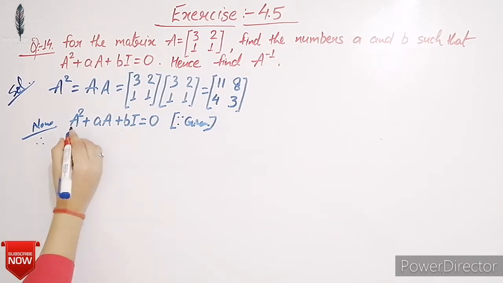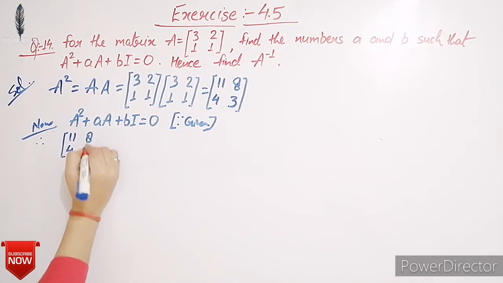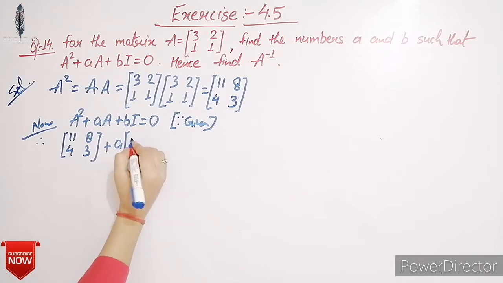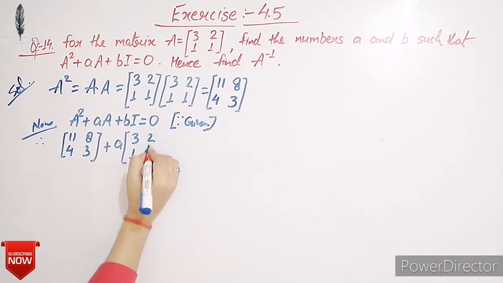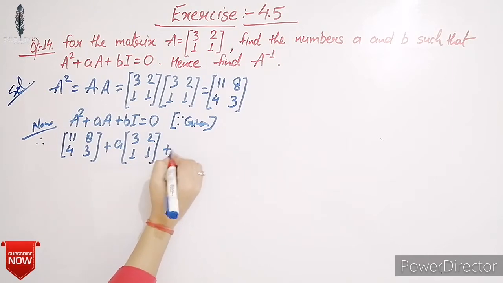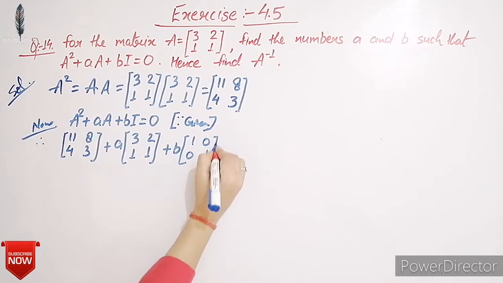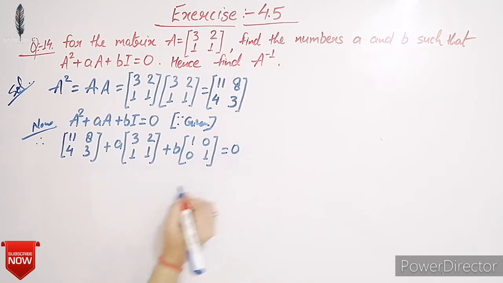So put these values. The value of A² is [11, 4; 8, 3] plus a into the value of A, [3, 1; 2, 1], plus b into I, the identity matrix [1, 0; 0, 1], equals 0.